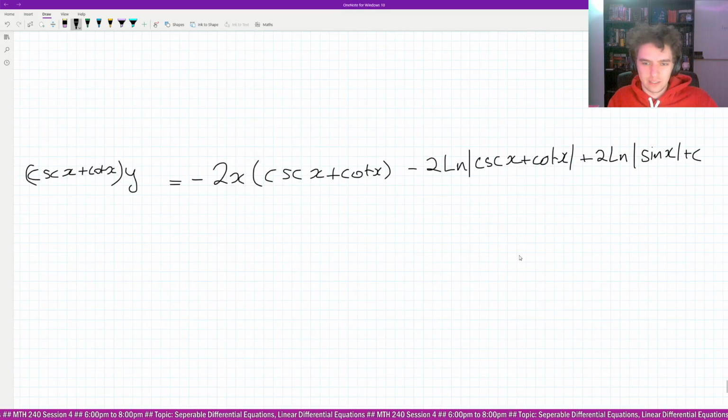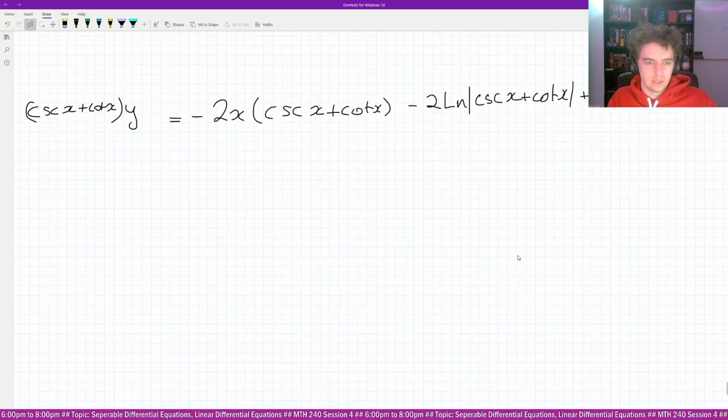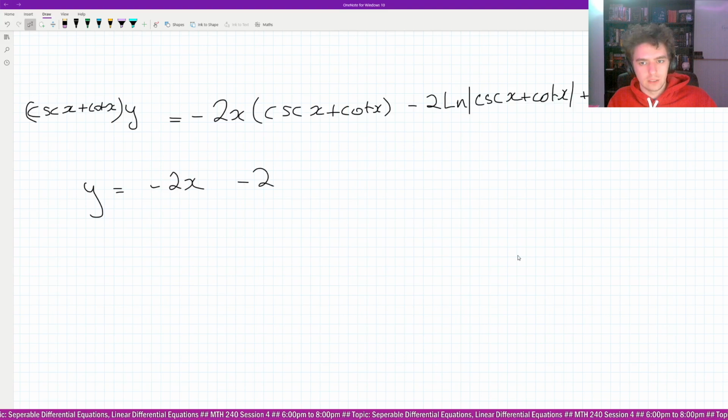Okay, here is our equation. We just have to solve for y now, right? So it's just going to be y equals negative 2x minus 2 ln... I could combine those. I will combine those. Ln absolute value. In fact, I'll factor out the 2.